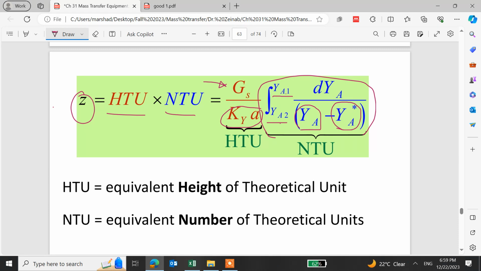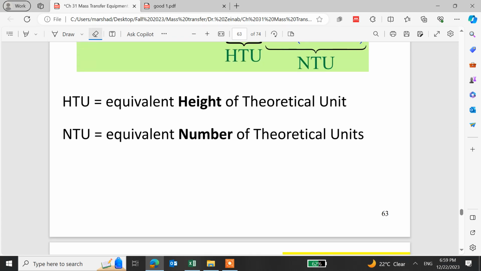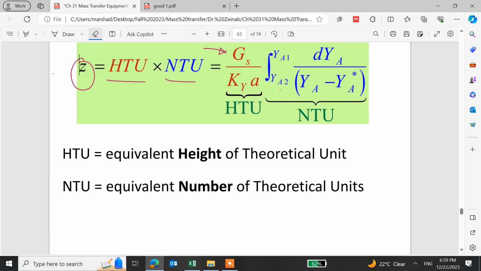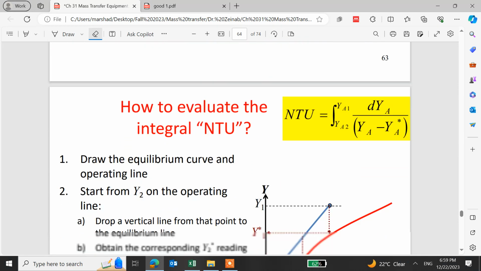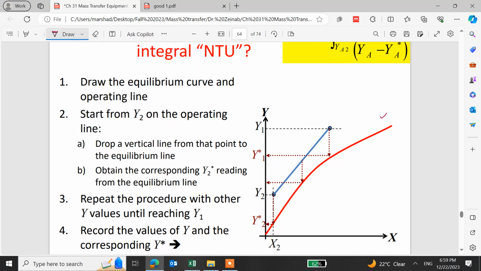So how do we find this integral numerically? What you have to do, you know Ya1, Ya2. From equilibrium data, you can plot the equilibrium line. Then we have Y2, X2, where Y2 is the exit concentration.